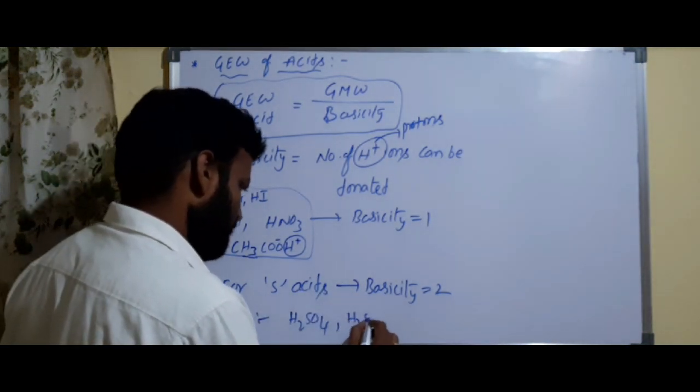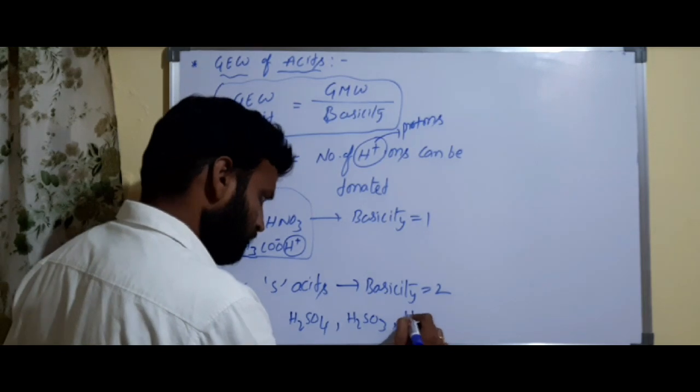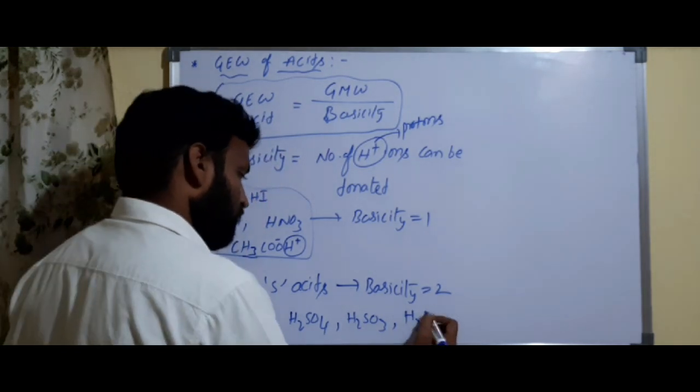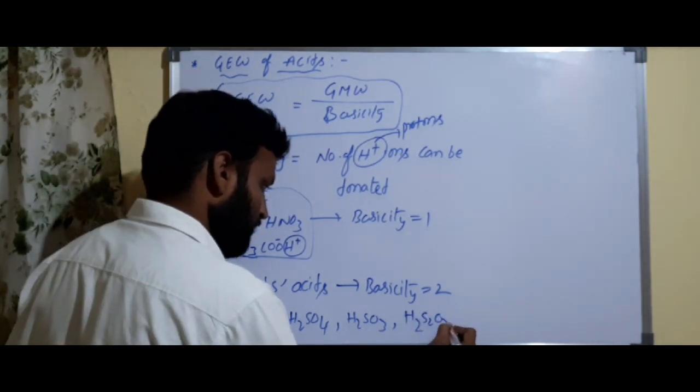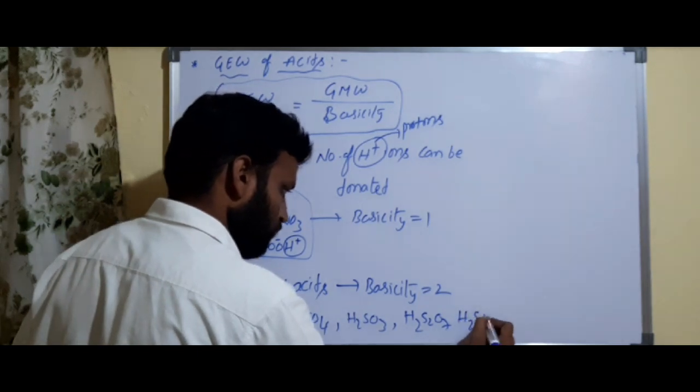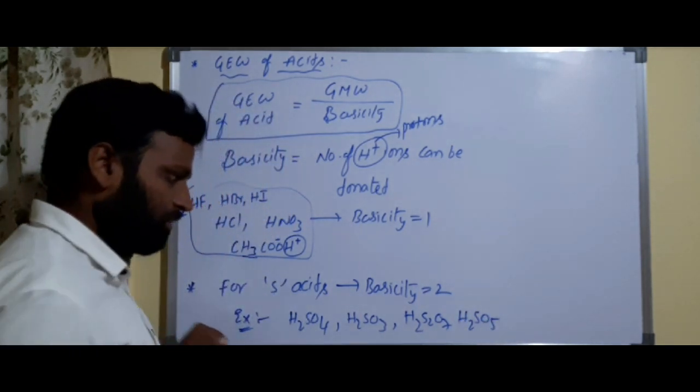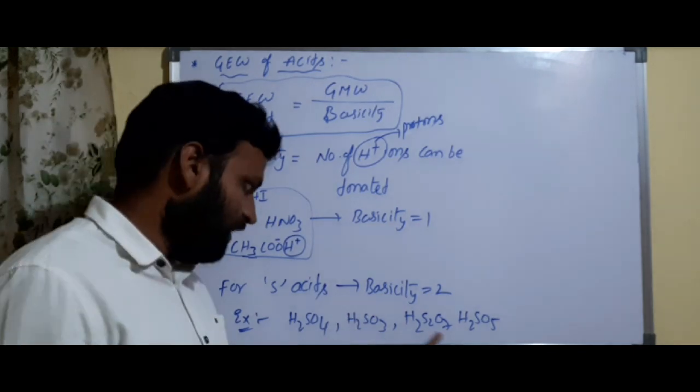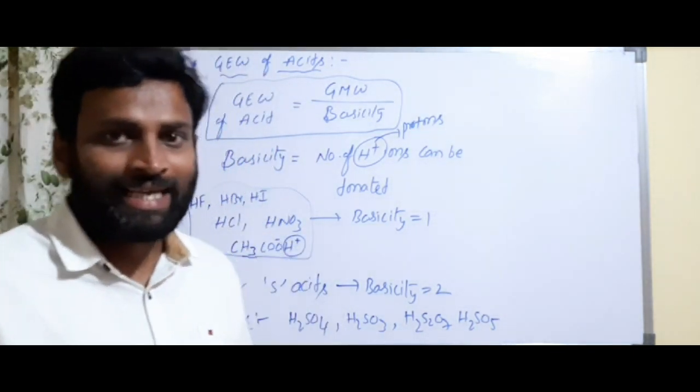For example H2SO4, H2SO3, H2S2O7, H2SO5, whatever, any of these are sulfur acids. You will come to know more in second PU.